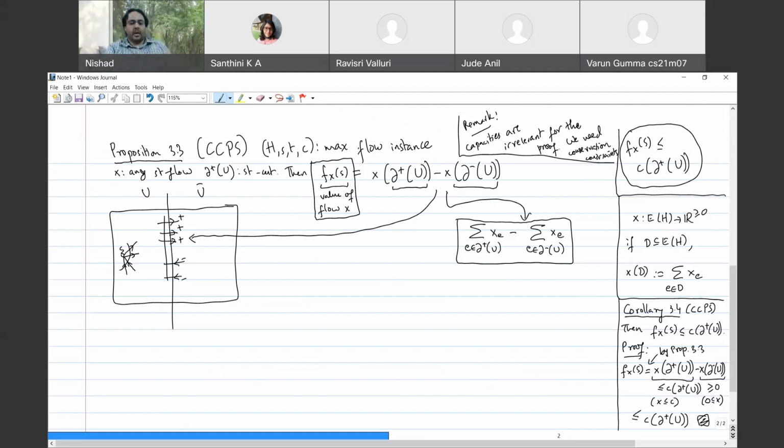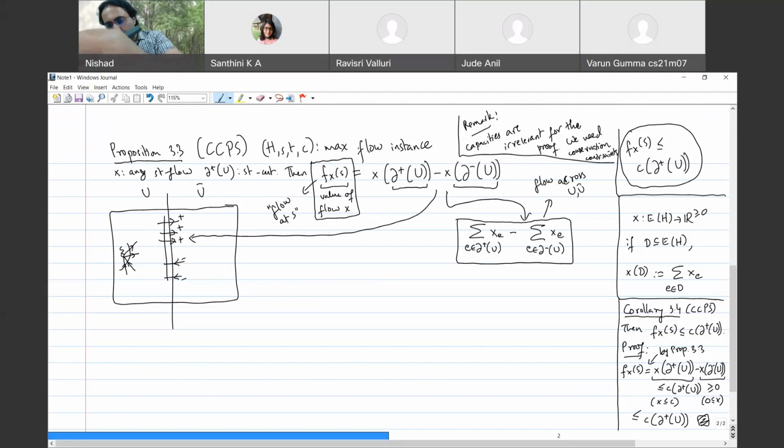All right. So how do you go about this? Any ideas? How do we compare the flow across the cut to the flow at the vertex S? Right. So you can think of this as flow at S, and we can think of this as flow across U bar.